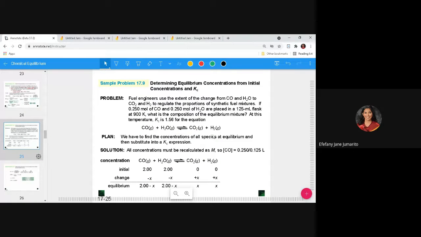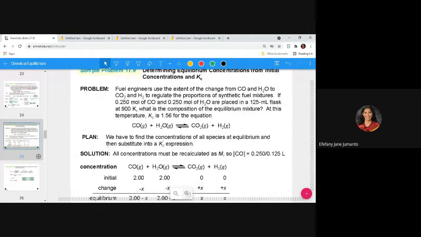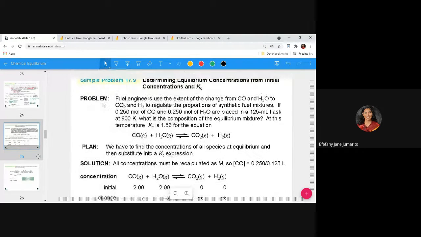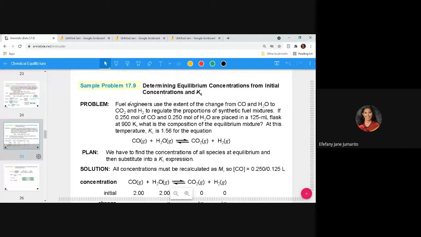Now we have problem 17.9, which uses an ice table. Fuel engineers use the extent of the change of carbon dioxide and H2O.